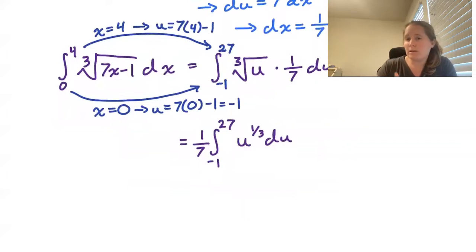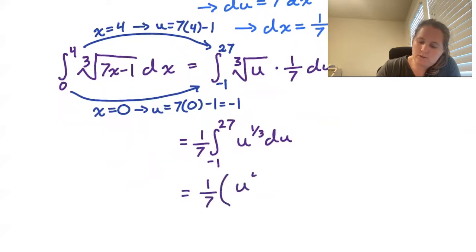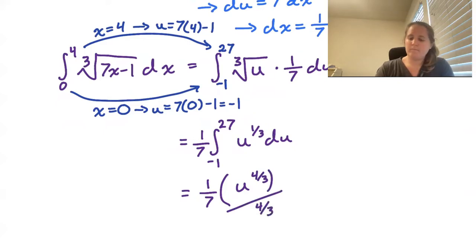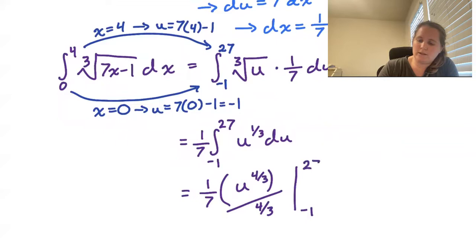The power rule says we should go up 1 and divide by our new power. So we are looking at 1/7 times u to the 4/3 divided by 4/3. And then we're evaluating from -1 to 27.